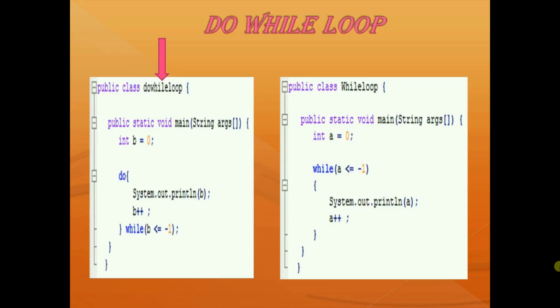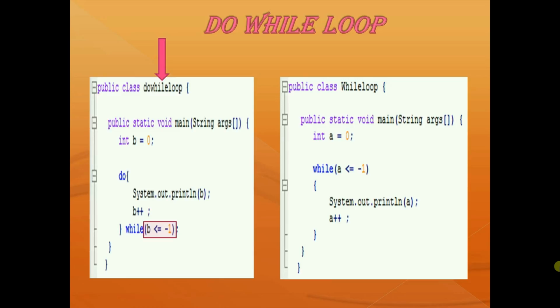First of all, you write the keyword do and then curly braces, and at the end of the curly braces you write the while keyword, and then in round brackets comes the expression you want to evaluate, which is a Boolean expression.